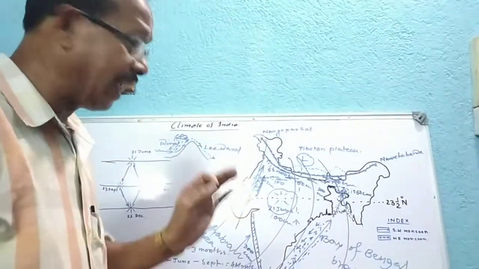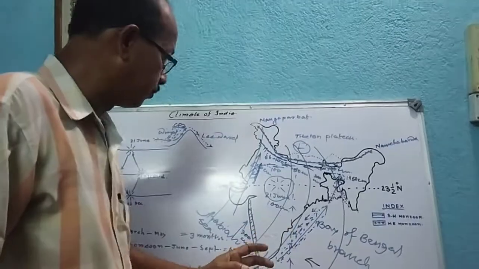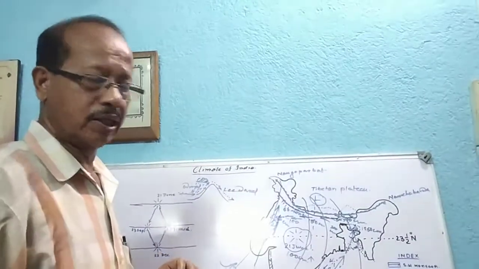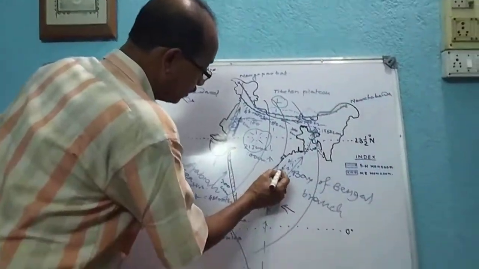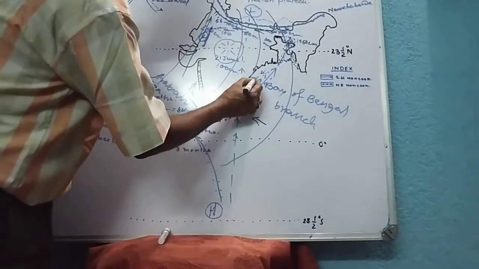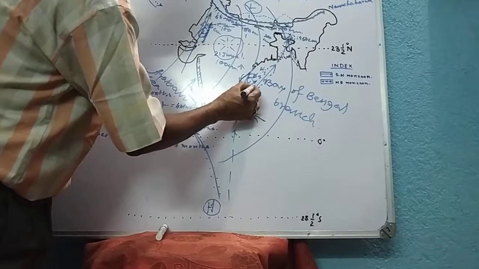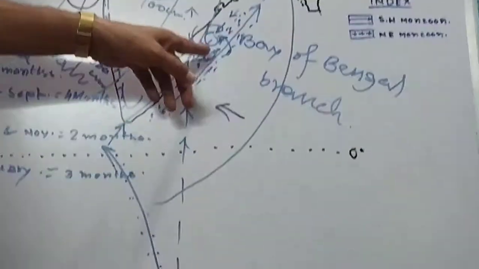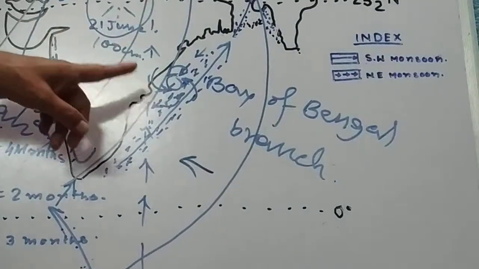So, due to the existence of two types of wind in their opposite directions, certain cyclonic weather exists along the coastal area.